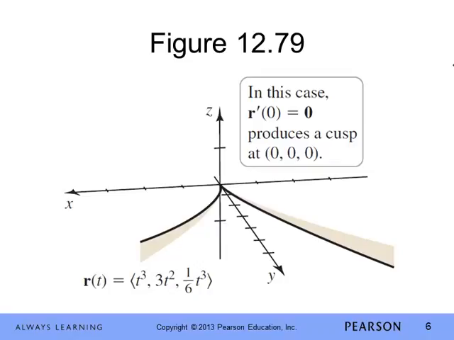The derivative will exist, but where the derivative is equal to 0, that's where you have a break in smoothness. And when you see r prime being equal to the 0 vector, that's where you're likely to see the cusps.